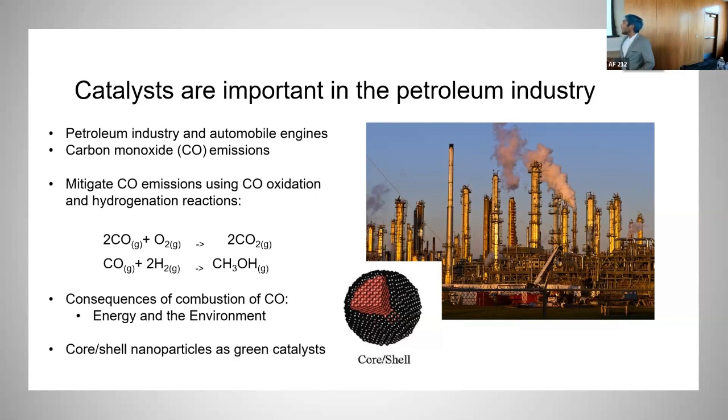You can see right here how you have essentially a core metal overlaid with a different transition metal, in a spherical nature, where we're tuning the geometry and electronic structure of the core nanoparticles to produce favorable reaction outcomes.